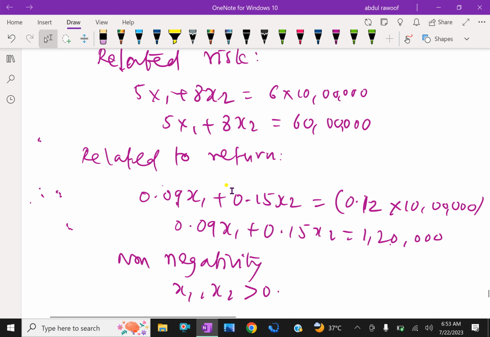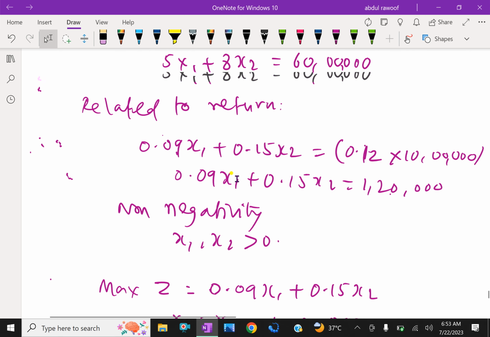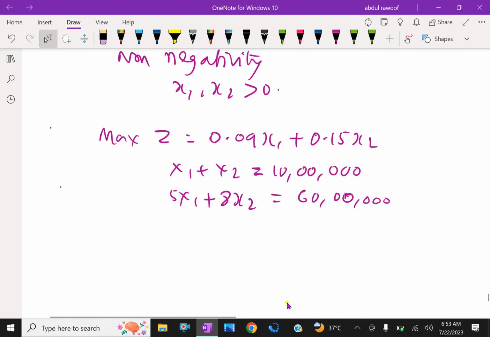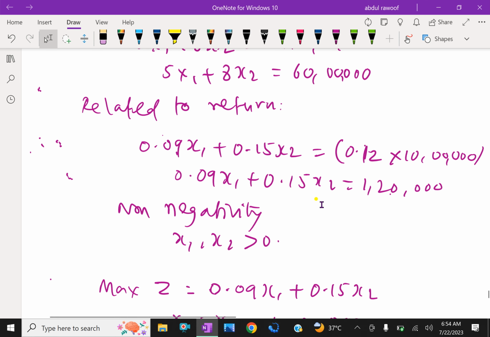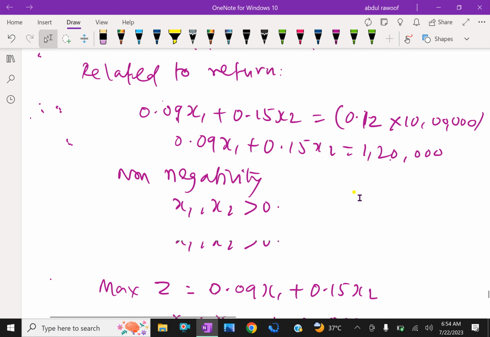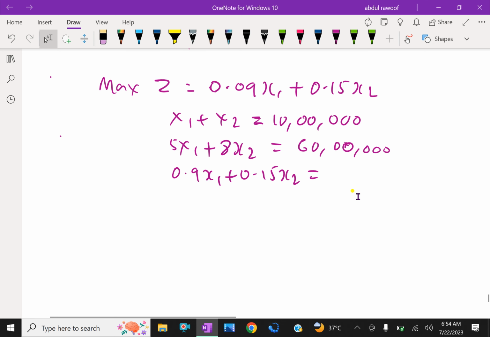Next, related to return, 0.09x1 plus 0.15x2 is greater than or equal to 1,20,000.